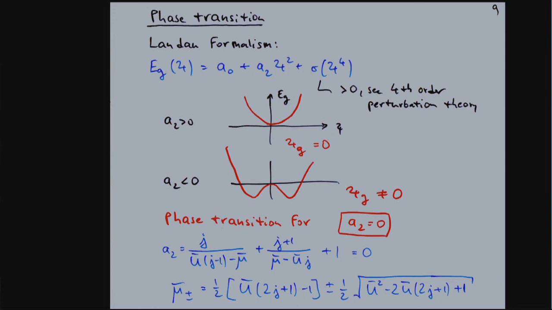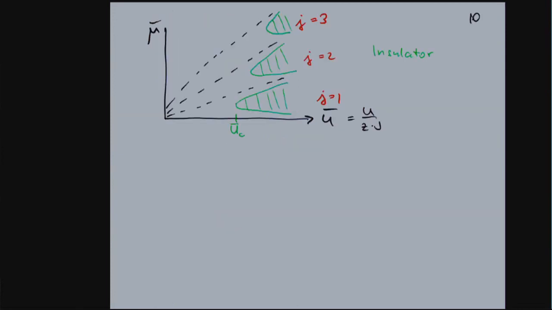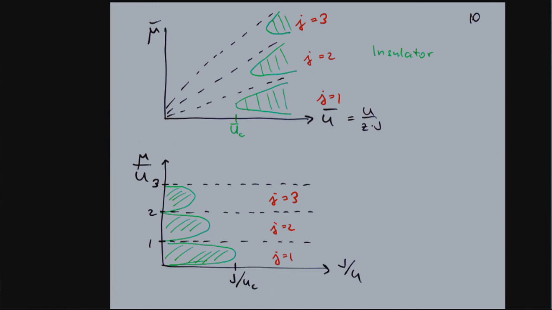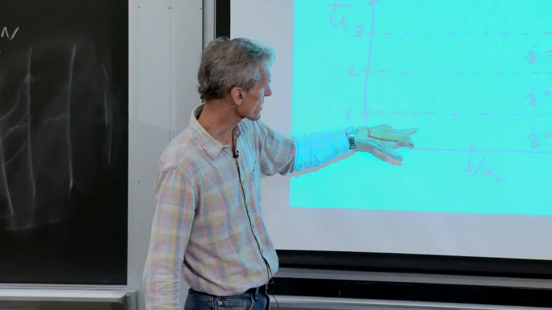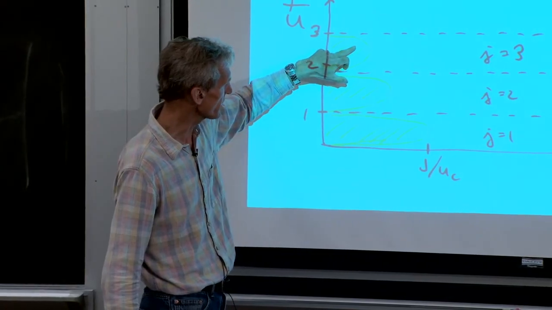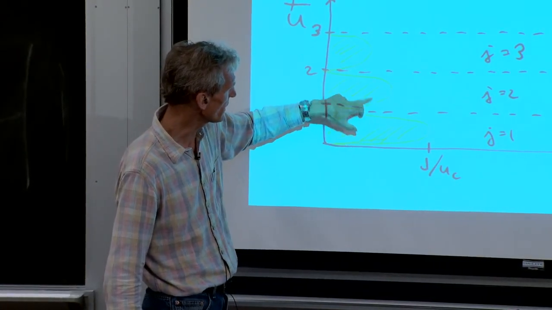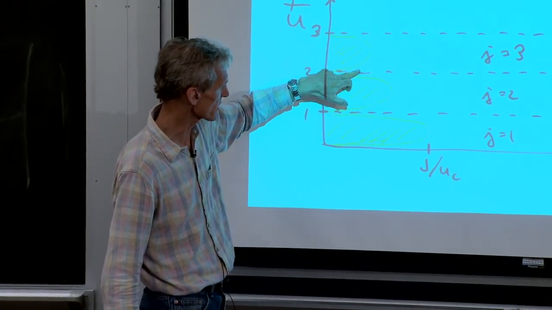You can plot this phase diagram in this way, but if you use what is more common, normalize the chemical potential by U and normalize J by U, you get these wonderful lobes of the Mott insulator, where you see that if you increase the chemical potential, you have n equals 1, n equals 2, n equals 3 Mott insulator, and in between you go through superfluid regions.